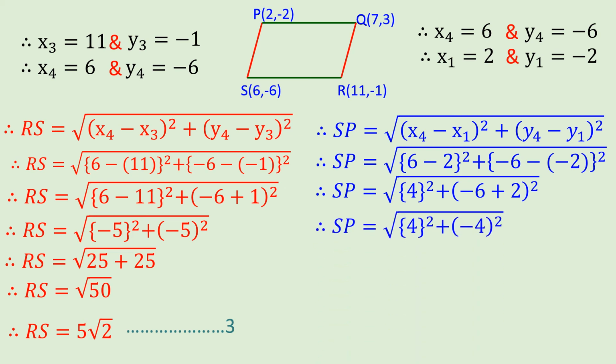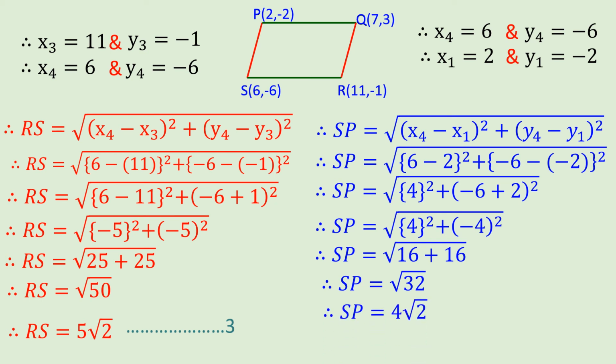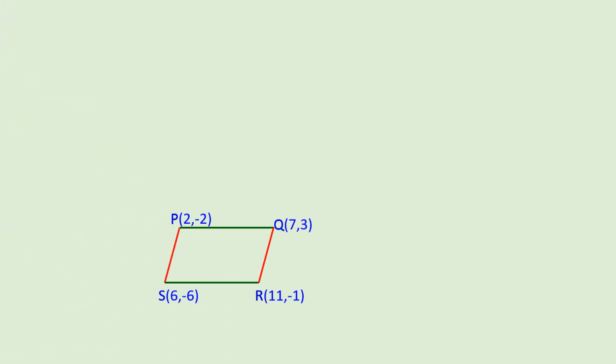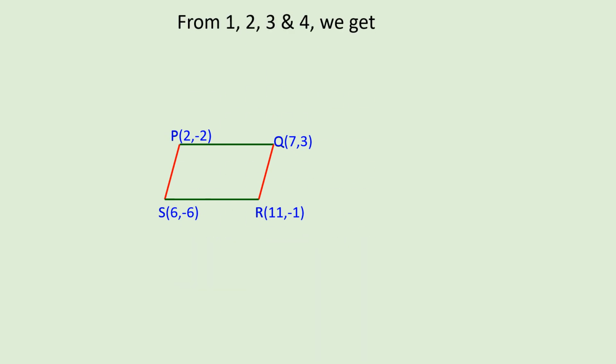When we simplify, 4 square plus minus 4 square, as you know, the square of a negative number is also positive. So 16 plus 16 will become 32, which in mixed form will become 4 root 2. We have got the length of all the sides.